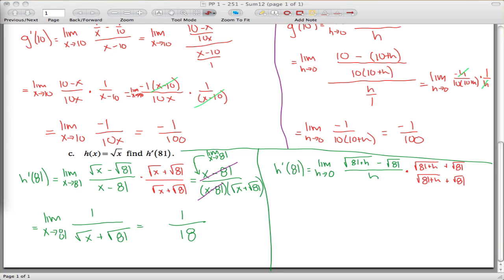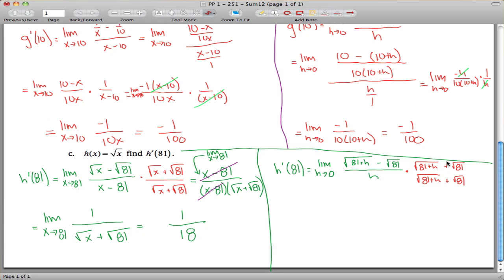And the reason we do that is because if you FOIL the tops, multiply all that together, what you get is the limit as h approaches 0 of 81 plus h minus 81, divided by h times square root of 81 plus h plus square root of 81. And what you might notice, maybe I can do two steps at once.